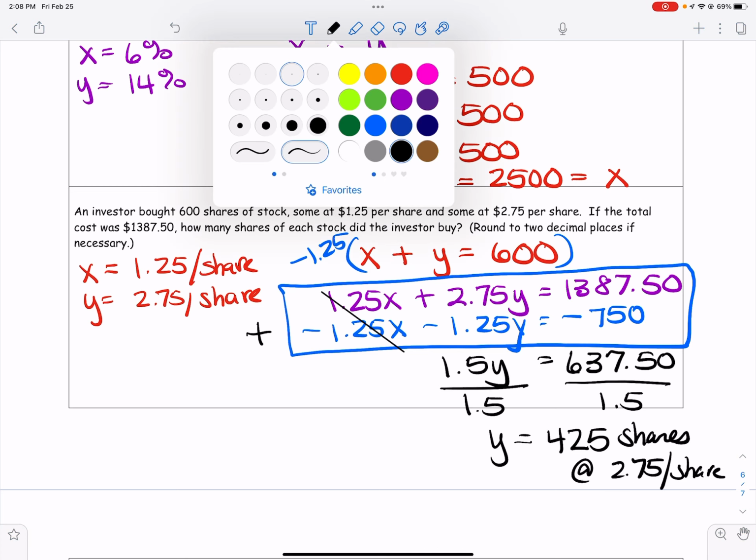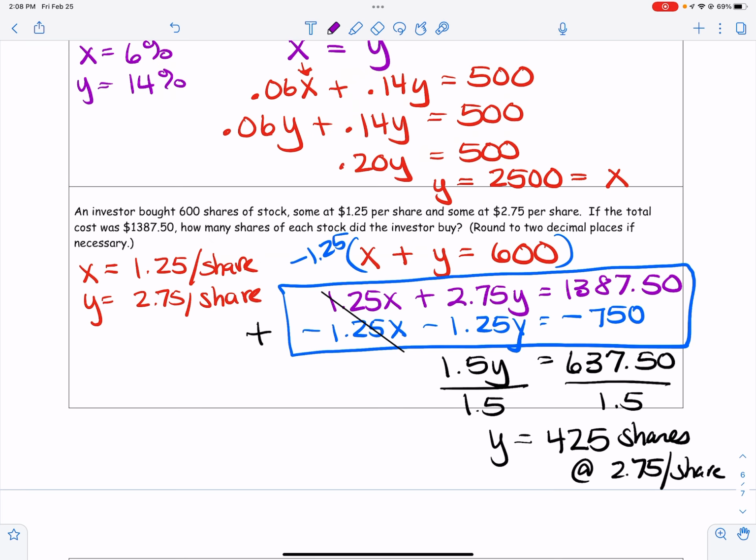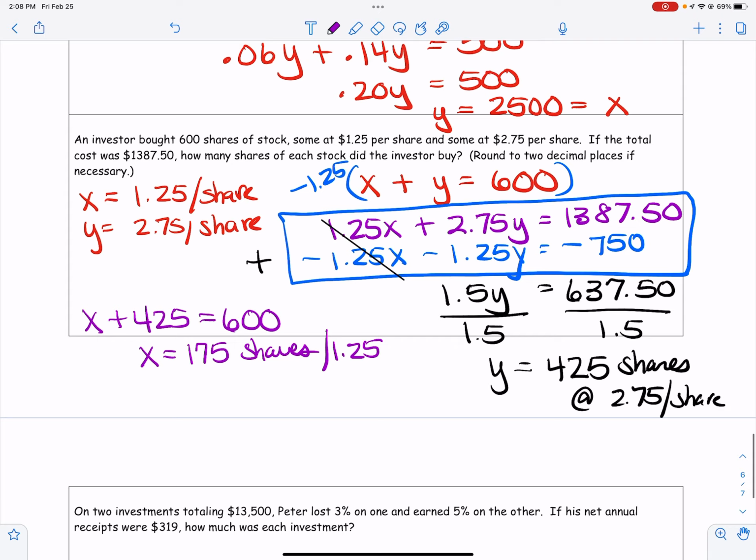And so then I would substitute x plus 425 has to equal the total number of shares purchased. And so that says that x is 175 shares at the $1.25 price. Okay?